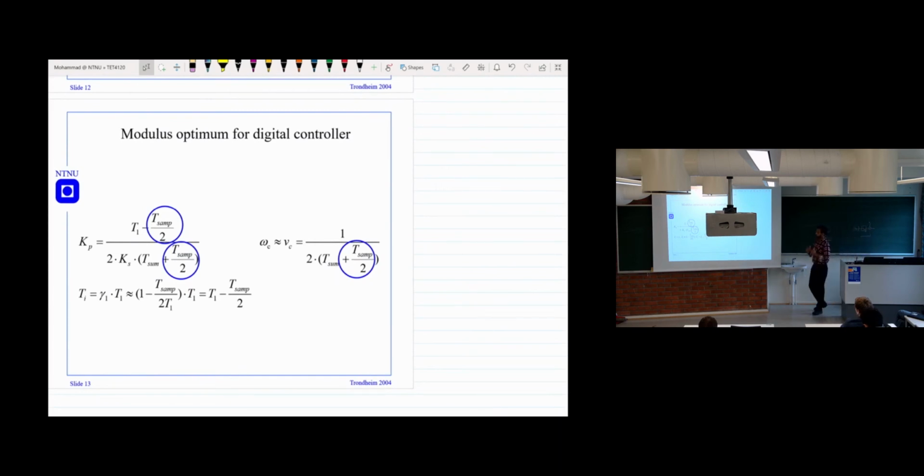And the controller that I was discussing, the modulus optimum, the design I presented is for the continuous control system. But now we implement the controller on a digital platform, like in the DSP, in the microprocessor. So when we do the design in the DSP, in the microprocessor, then we do the sampling.